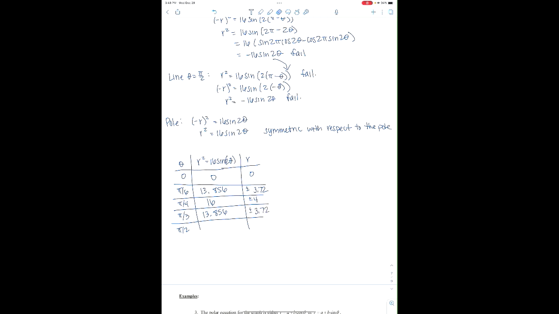And at pi over 2, we have 0, and the square root is also 0. And so our graph should be coming to look something like that, a lot smoother though. Something like that maybe.